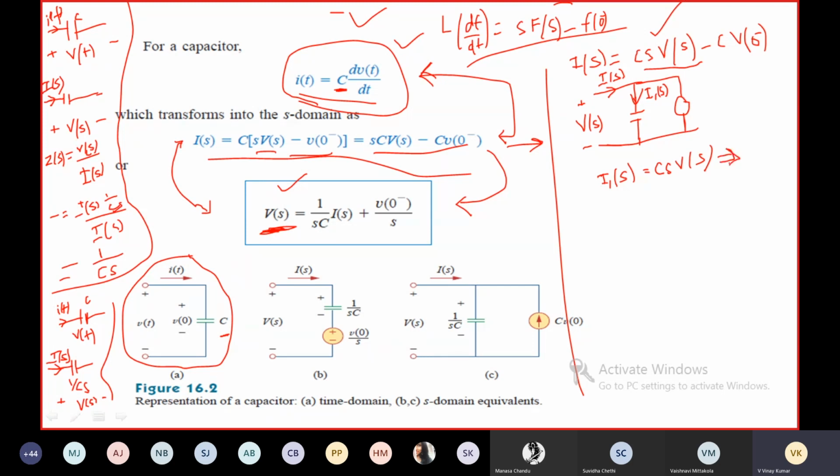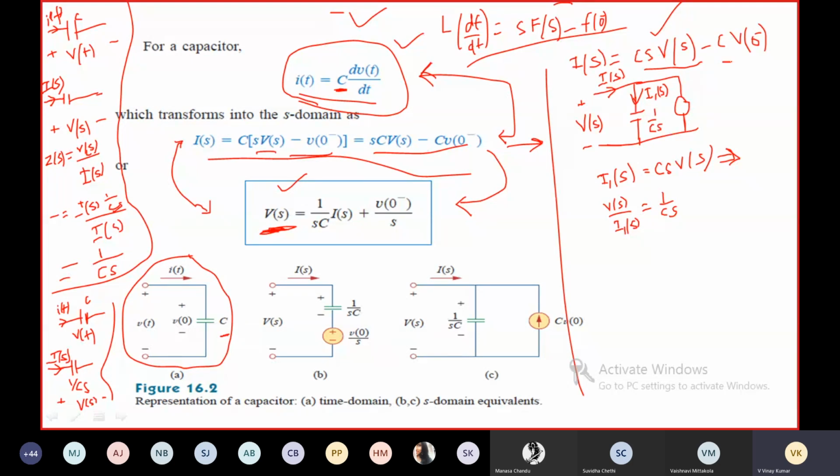From this, what is the ratio of V of s to I1 of s? V of s by I1 of s is equal to 1 by CS. So this would be 1 by CS.